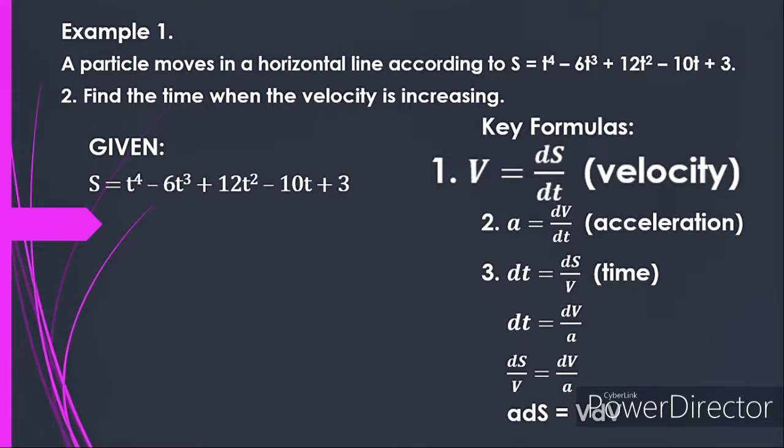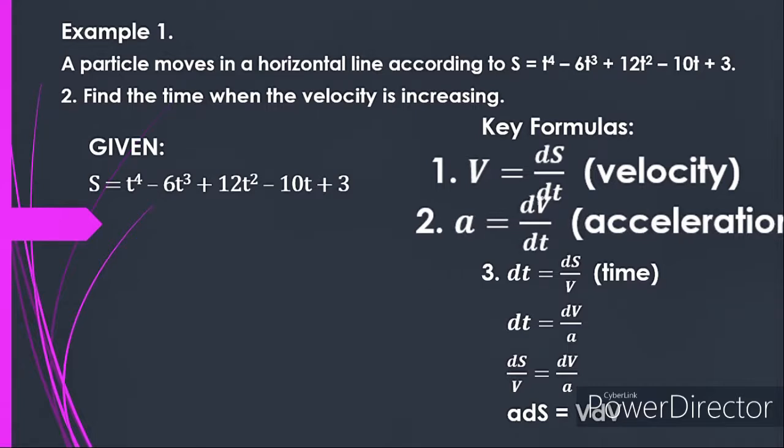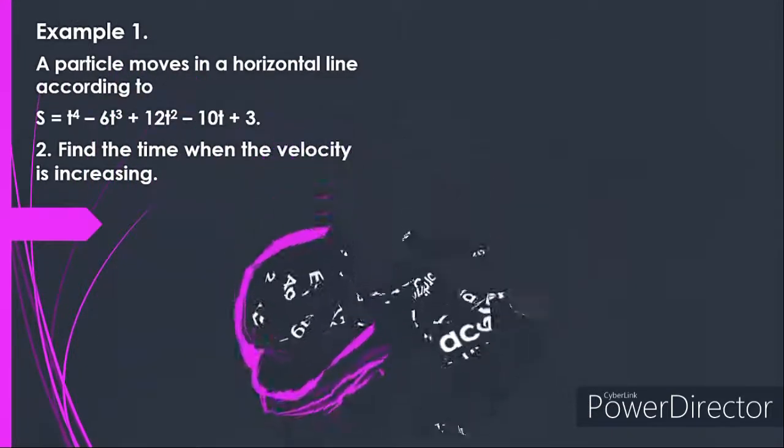So since velocity ang question, key formulas again, makuha natin si velocity, v is equal to ds over dt. Also, magagamit din natin dyan si acceleration na kung saan dv over dt. Paano? Okay.